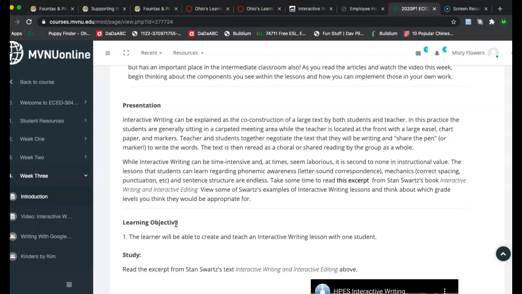You're creating a common text, and it is usually on a piece of chart paper, and you're using a dark marker. The reason for that is it can be displayed around the room as a resource for the children to reread, find known words.